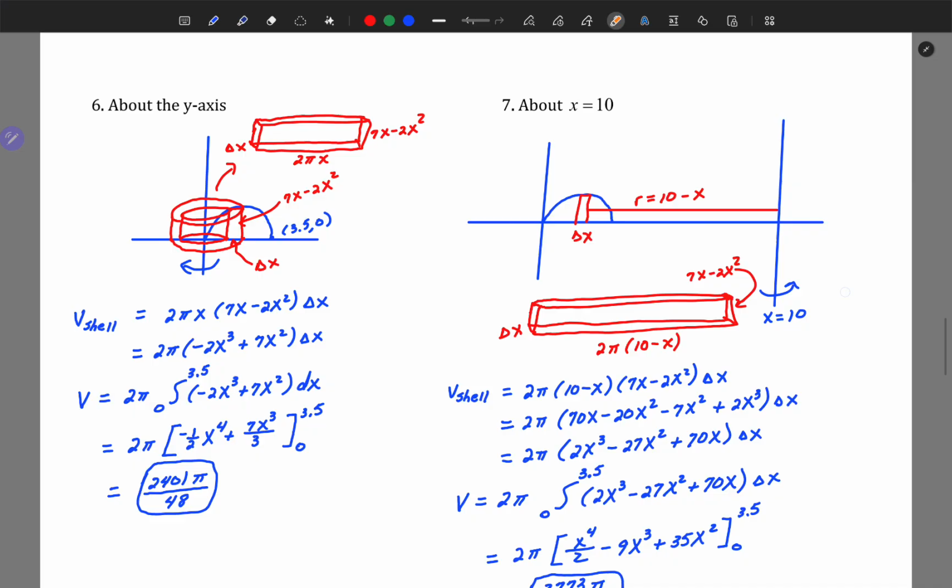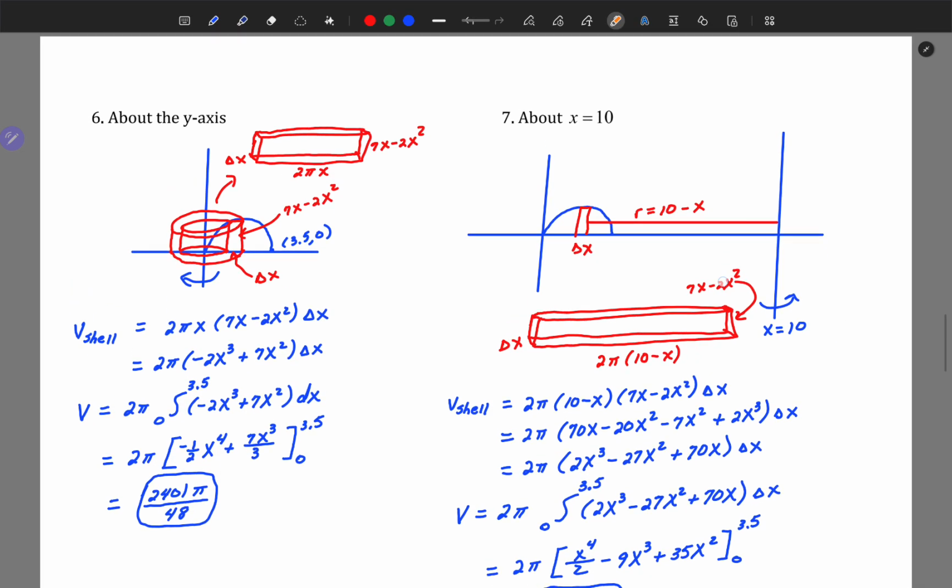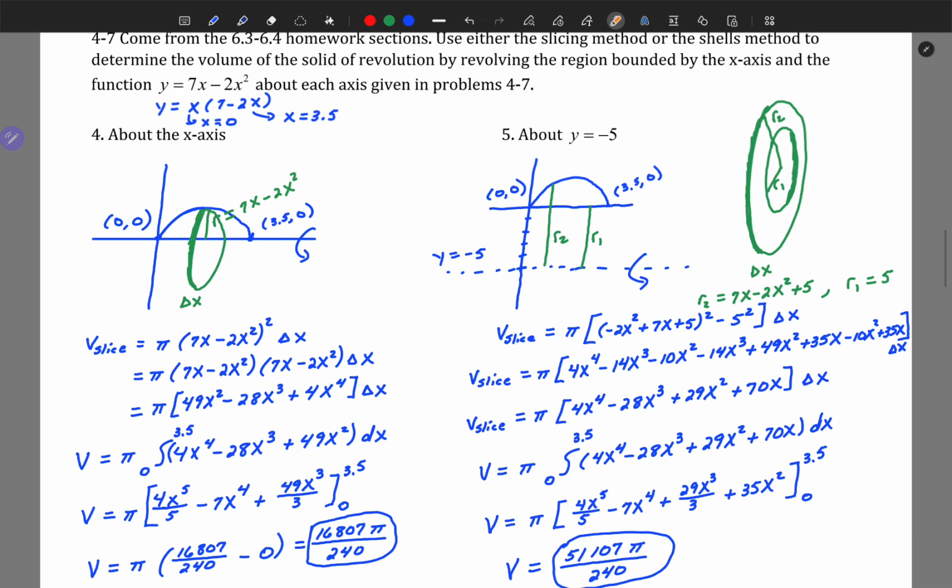Now, for the next problem, I want to make a very stark comparison. The method I recommend anytime you're revolving about a horizontal axis of revolution, whether it's the x-axis or y equals 5, is slicing, because it enables us to keep our integration in terms of x.